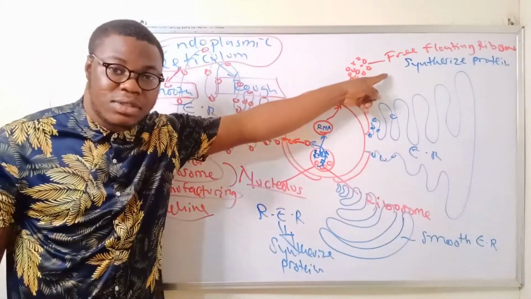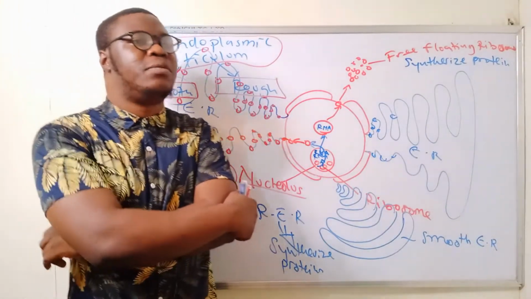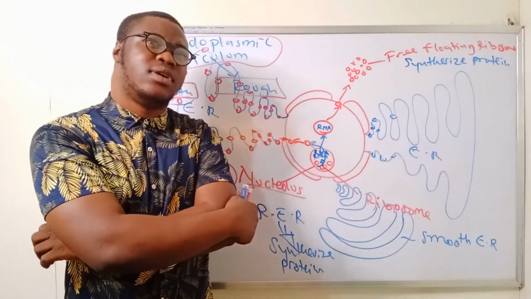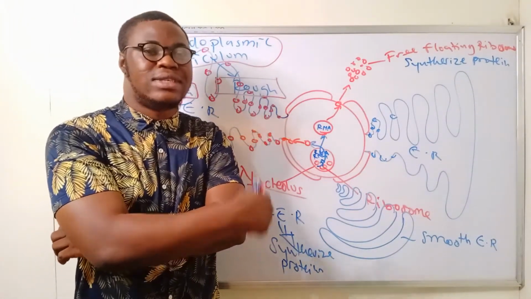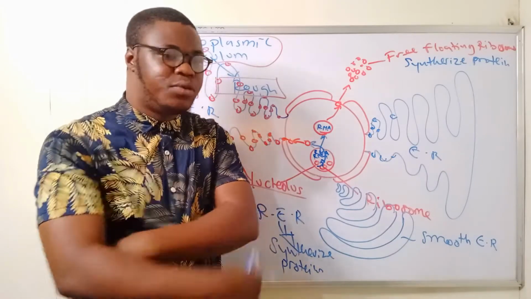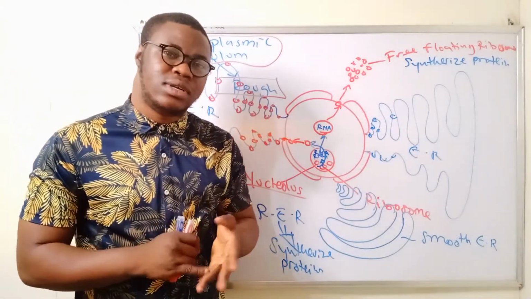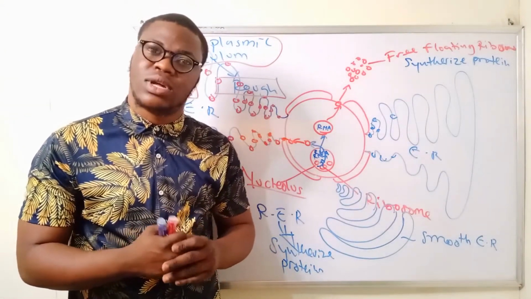Now, if the function of this rough endoplasmic reticulum is to synthesize protein because it has been attached to ribosomes, then what is the function of this smooth endoplasmic reticulum? Think about it: the rough one is synthesizing protein already. Dating back to our secondary school, if we are reciting our classes of food, we say carbohydrates, protein. The next thing is what? Fat and oil.